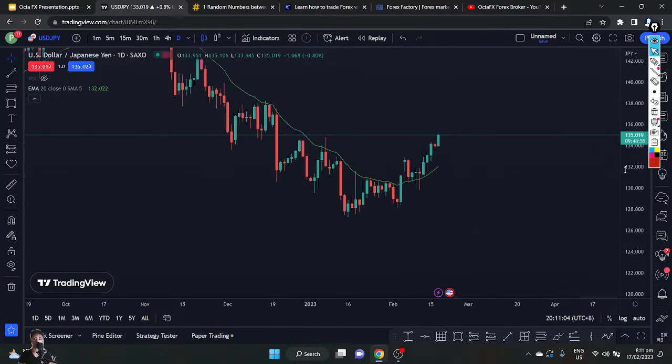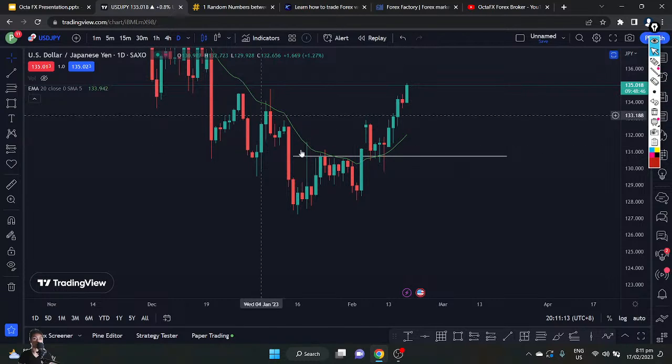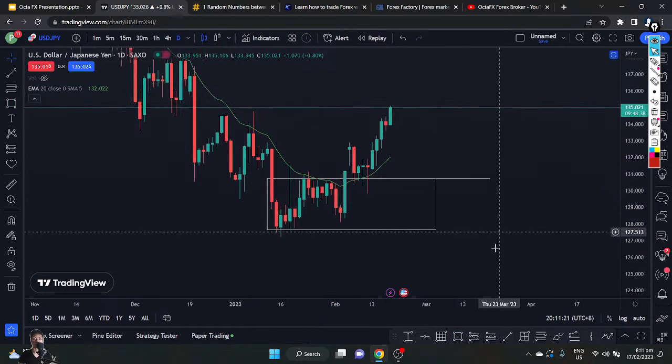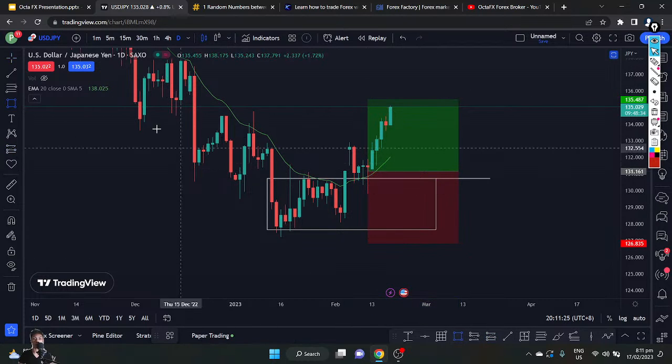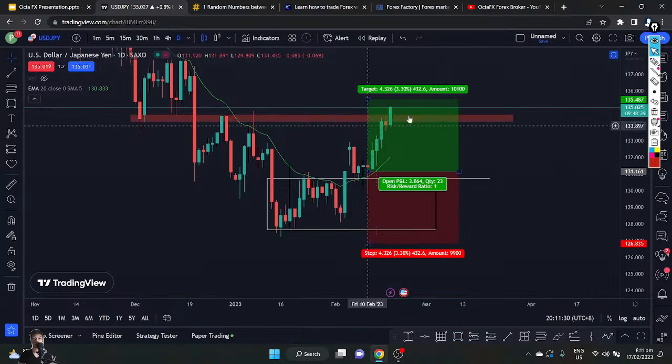And as we can see, if we combine trading with EMA together with price action, we have a breakup structure right here together with the breakup EMA. So this is a good breakout strategy, and we can also draw a box right here. Assuming that we bought here, we can put our target at this resistance zone, and as we can see, the price already reached it.